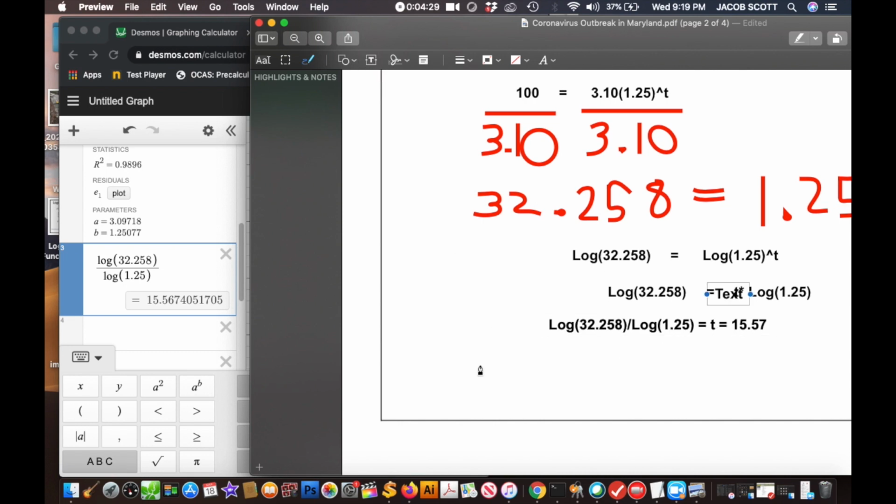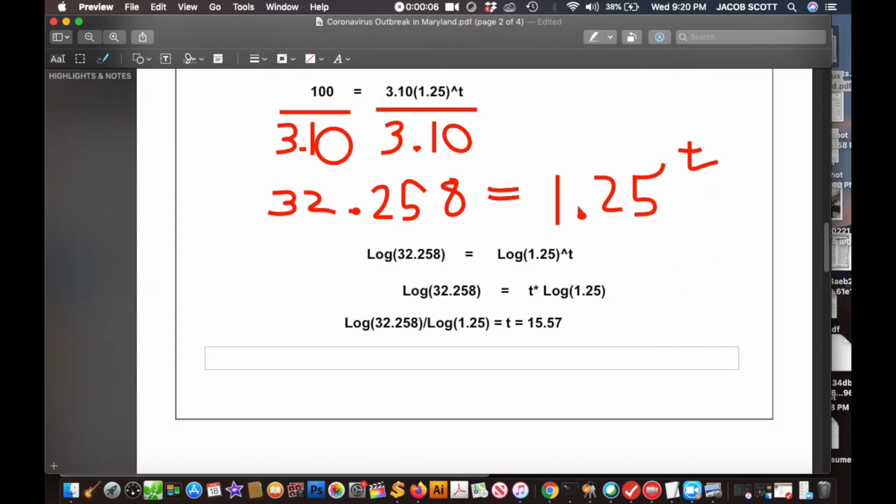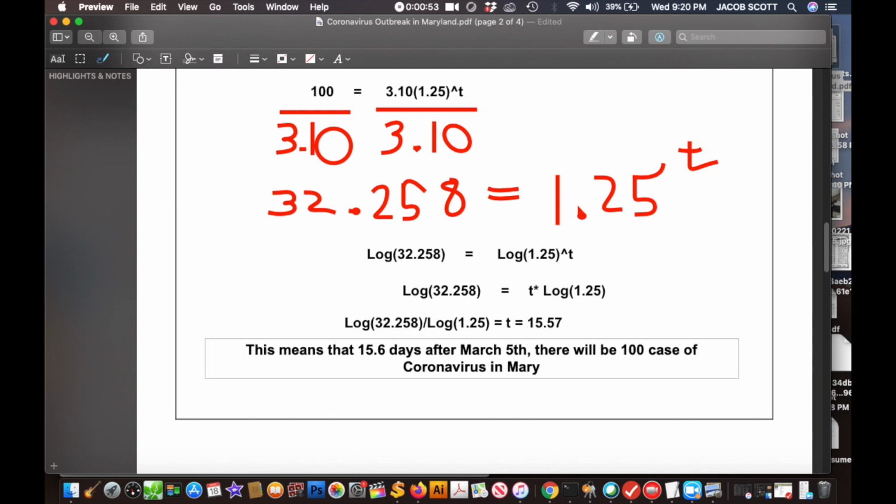What does that mean in English? How will we translate that to English? Well, this means that 15.6 days after March 5th, there will be 100 cases of virus.